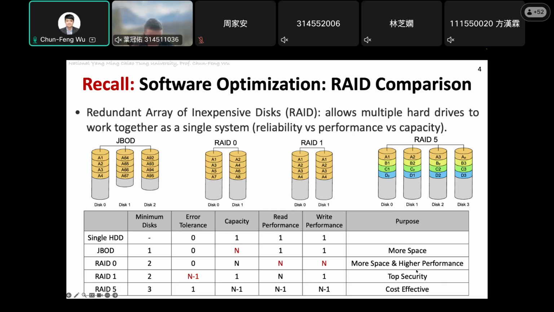For RAID 5, we can only allow a crash to happen in one disk. So if you have two disk crashes, it is not possible to recover from RAID 5. Even if you have a lot of disks using RAID 5, each time you can only recover one disk. If there are two disks, then it can't help. Okay, so this is RAID 5.